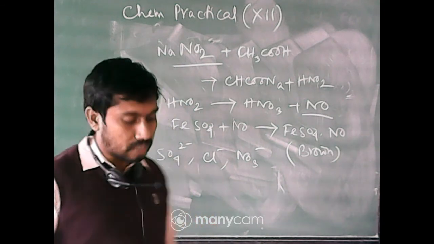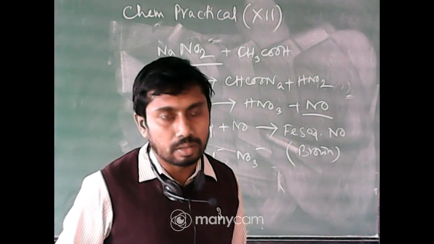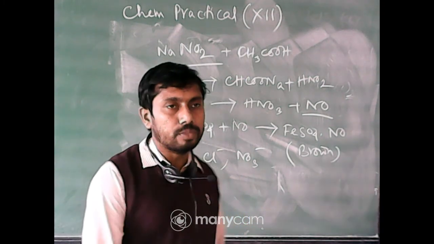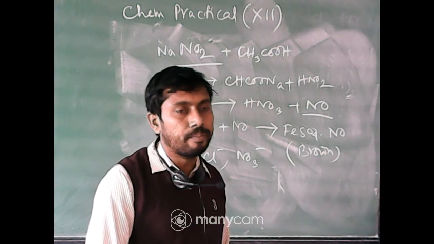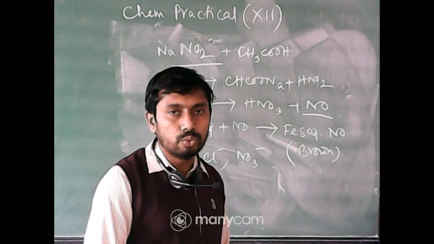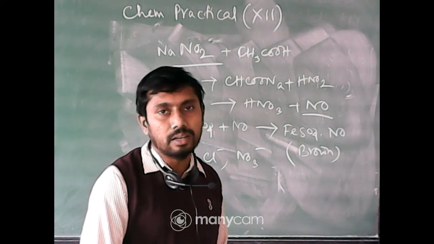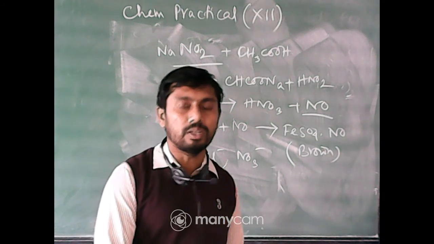For this I will take a sample from every group, from 0 to 6. In group 0 there is ammonium, and there is no exact test for ammonium. From 1 to 3, 4, 5 and 6, but 6 has no exact test.